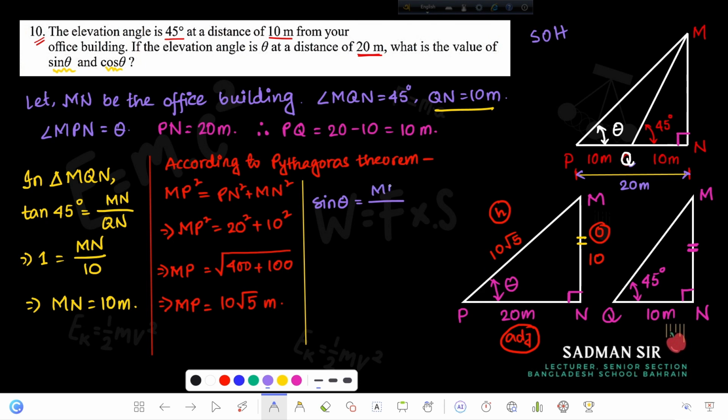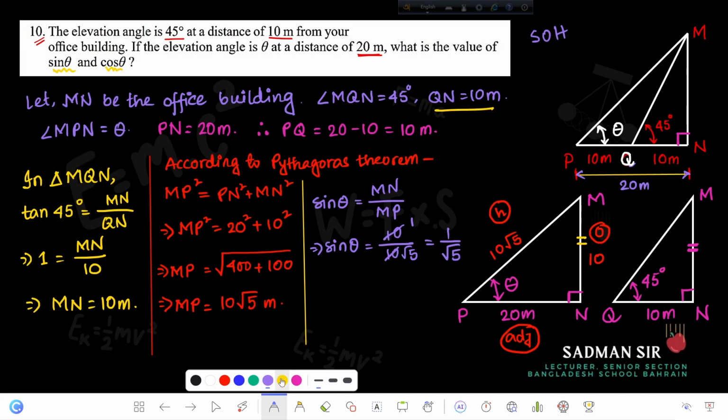So MN by MP, and then we will replace the value. Sine theta will be equal to MN, it is 10, and it is 10 root 5. So if you write it in the calculator, or you may just cancel 10, 10 ones are 10 and 10, then it will be 1 by root 5. So that is the value of sine theta.